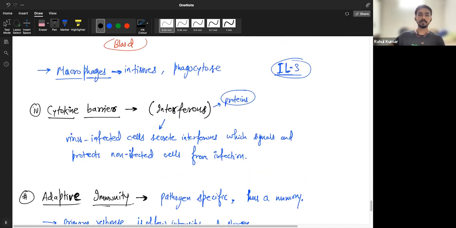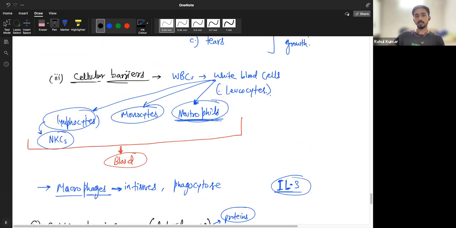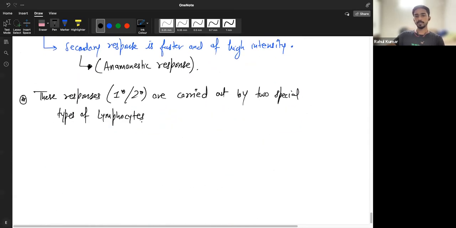Remember, here also lymphocytes are responsible, but only which type? NKCs, natural killer cells, play a role in innate immunity. Here the lymphocytes which are responsible are B lymphocytes and T lymphocytes, not the NKC.